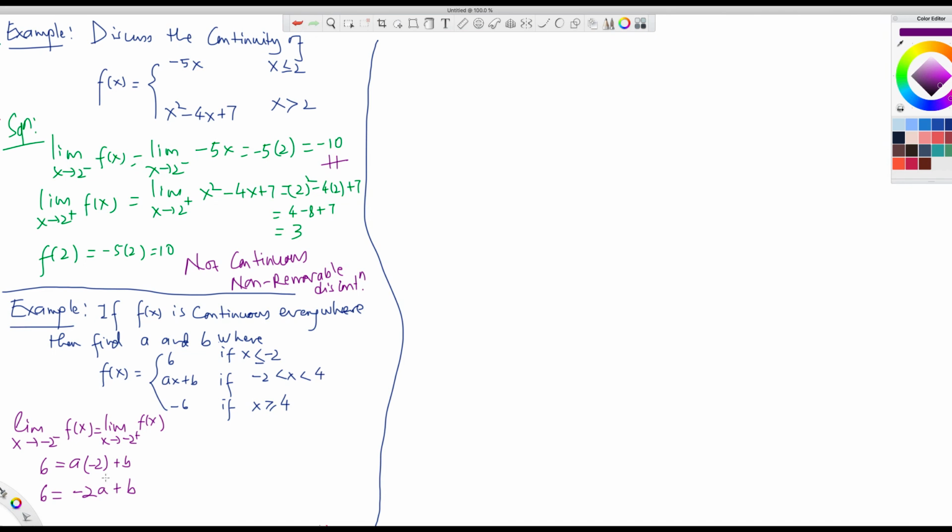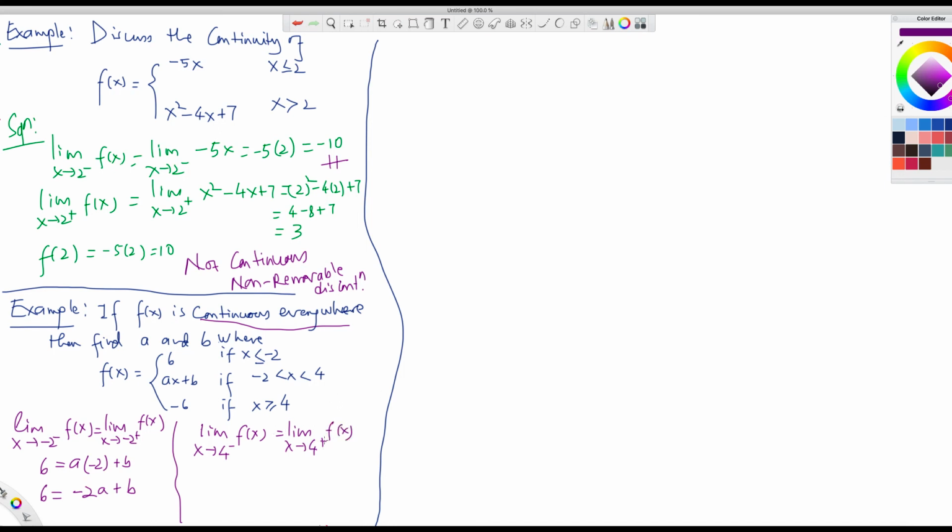Okay, so the next thing I want to do is let us check the continuity at +4. Why do I know that they are equal? Because it says the function is continuous everywhere, so it must be continuous at -2 and +4. Limit as x tends to 4 from the left of f(x) must equal limit as x tends to 4 from the right, or you can just write down f(4), that is also fine.